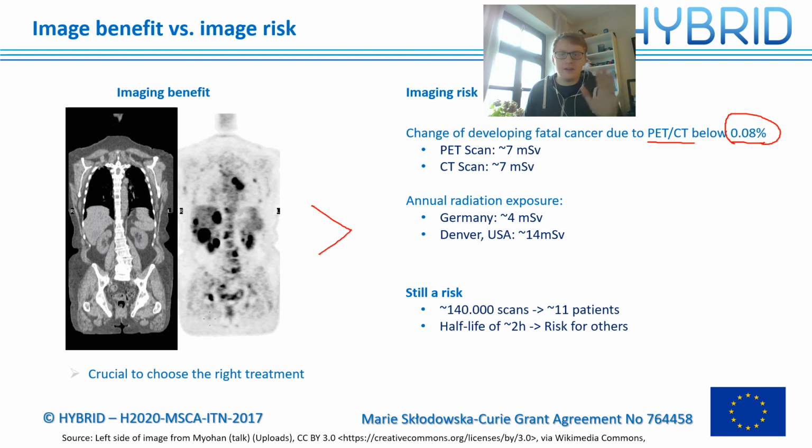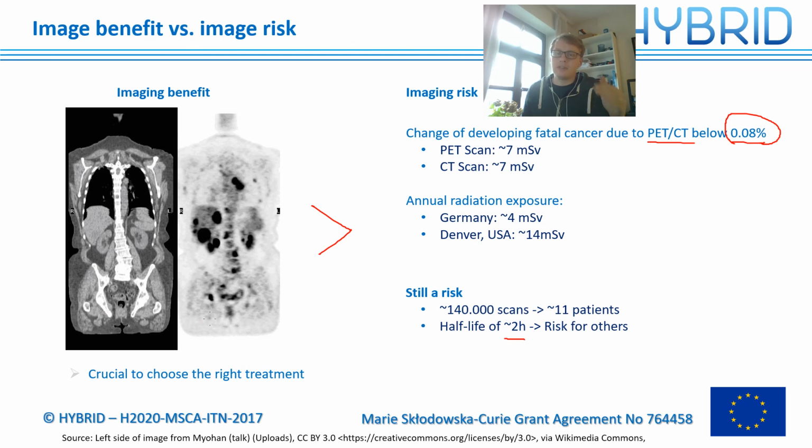In the end, the doctor has to decide this every time. There's always a risk involved in a PET scan. And there's also a risk for others because you cannot switch off the radiation you get. So if you have, for example, FDG with a half-life of around 2 hours, then even after 2 hours you are still emitting radioactivity.